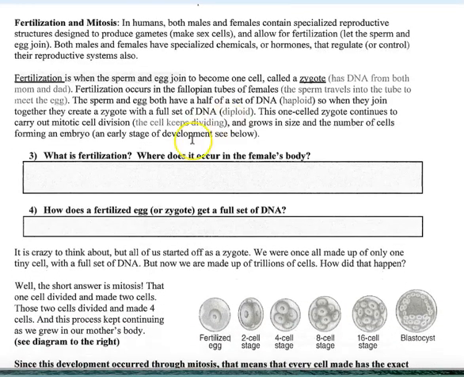Okay, so what is fertilization and where does it occur in the female body? We just went over that. Okay, so you are going to rewrite this first sentence. Fertilization is when the sperm and egg join to become one cell, called a zygote. And you're going to write this: fertilization occurs in the fallopian tubes of females.